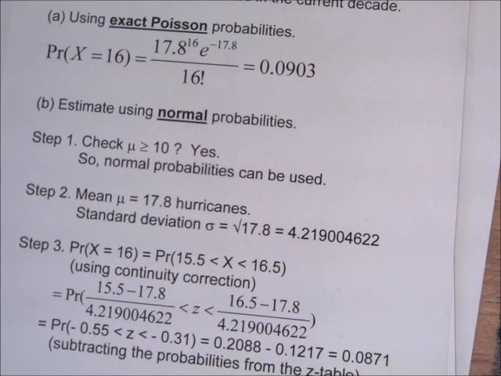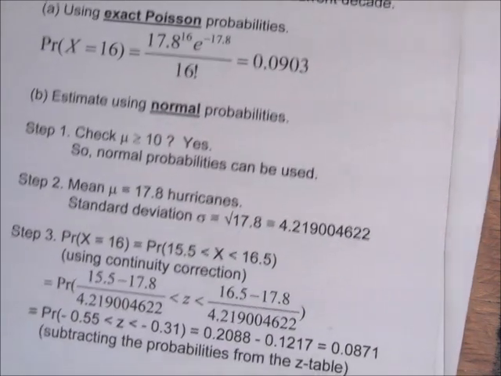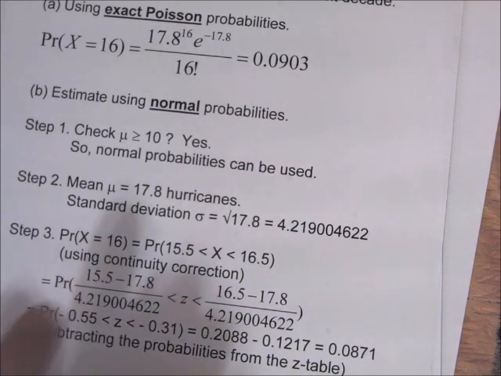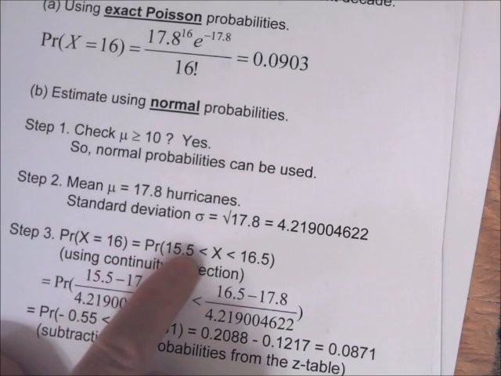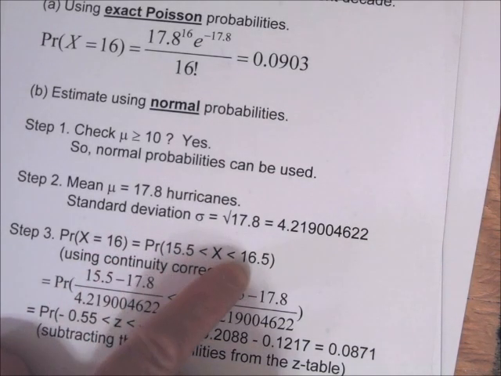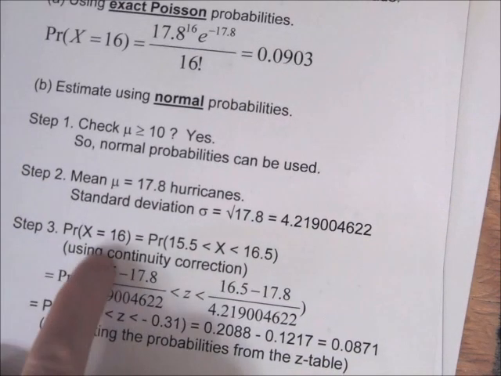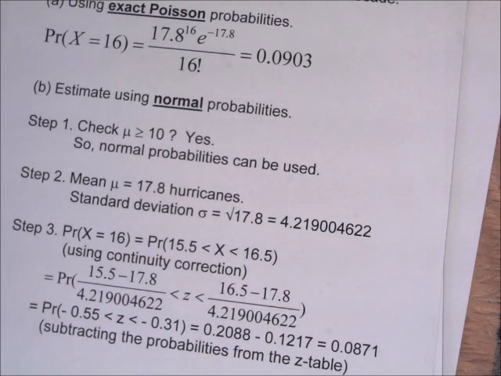And then if we use continuity correction, probability x equals 16 will be a probability of x between 15.5 and 16.5. This one you almost have to use continuity correction because for a normal random variable, the probability of x exactly equal to 16 is considered to be 0. So you need to have an interval in order to get a positive probability here.